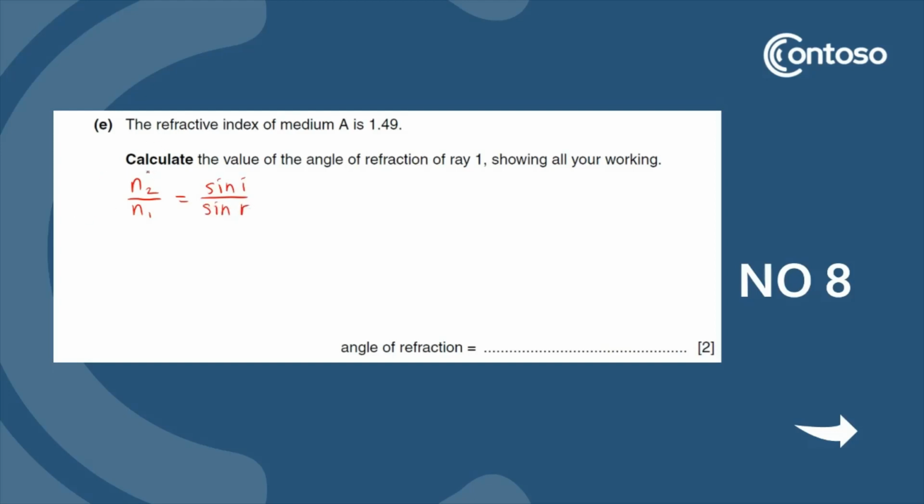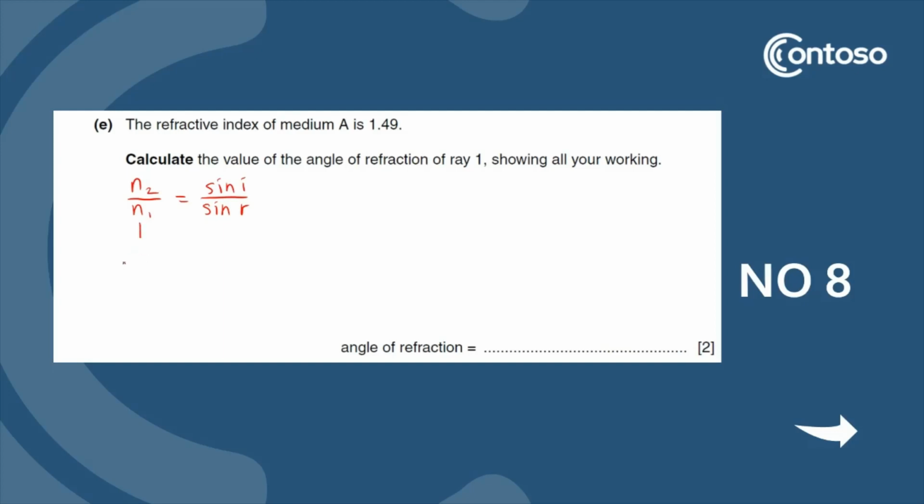Remember, n2 is the refractive index of the second medium, n1 is the refractive index of the first medium, i is the angle of incidence, and r is the angle of refraction. n2 is the refractive index of air, since air is the second medium. From the figure, we have seen before that the light comes from medium A into air, so air is the second medium. n2 equals 1.